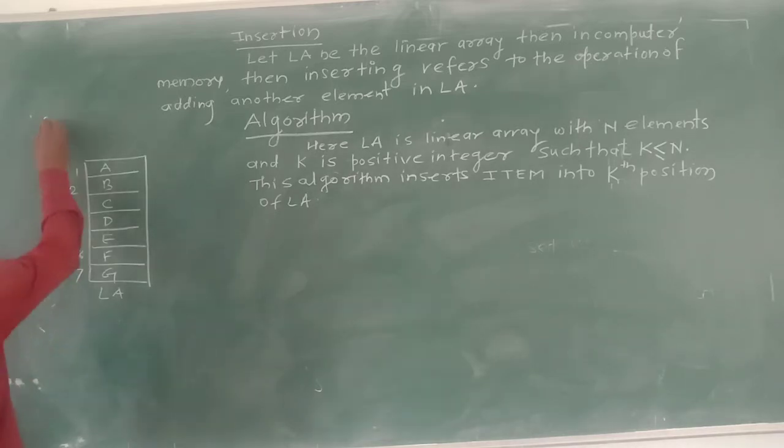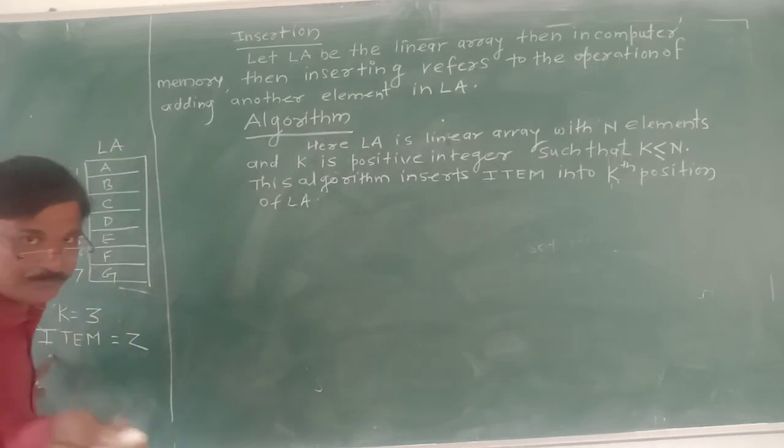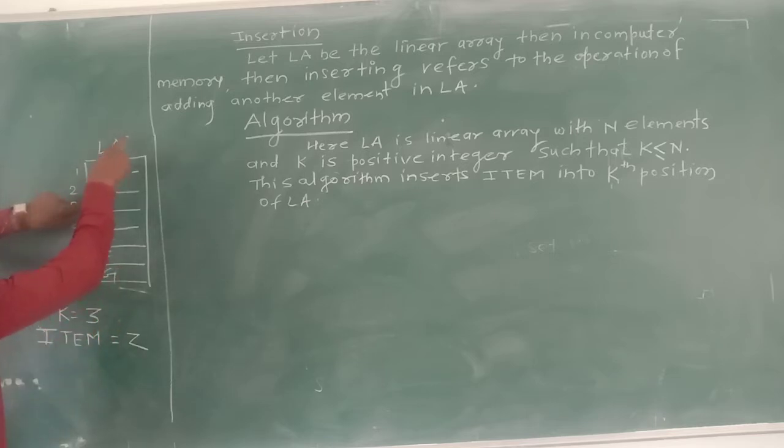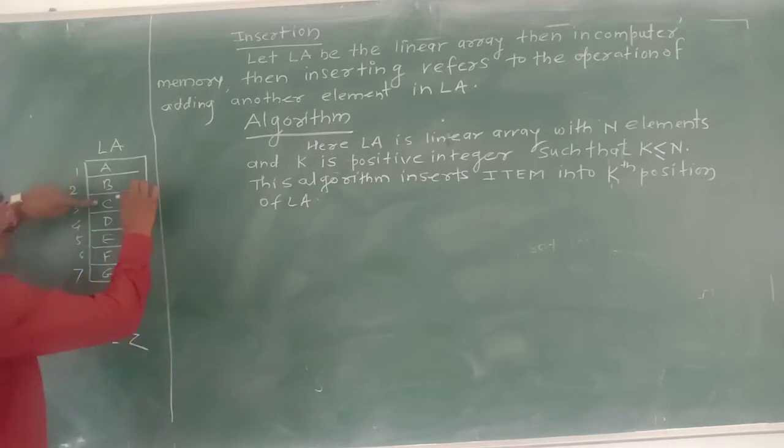Suppose K is position 3, and the item to be inserted is Z. In order to insert the item at the third location, we have to bring G, the seventh element, down: LA[7] should become LA[8], then 6 will become 7, 5th will become 6, 4th will become 5th, 3rd will become 4th, and then insert.